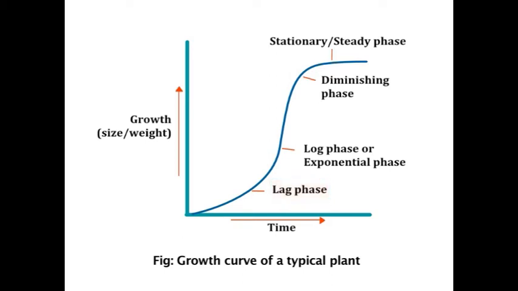The second is the log phase, also called the exponential phase, and it is the phase of rapid growth where maximum growth occurs in a short period. The third is the diminishing phase where growth slows down, and the fourth is the stationary or steady phase where growth finally stops.